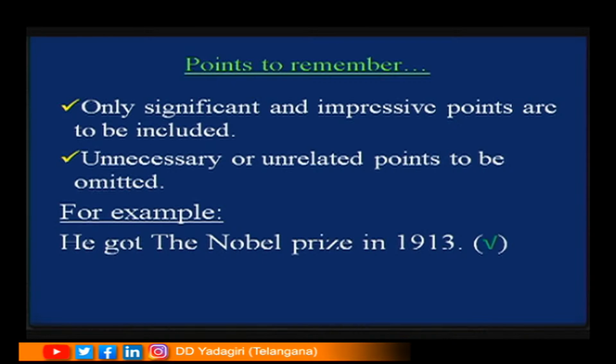This is the significant thing, that he got the Nobel Prize. That is the most important prize that is given all over the world, but he had white hair. Is it an important thing? No, not at all. So, we have to omit such unnecessary or unrelated points.